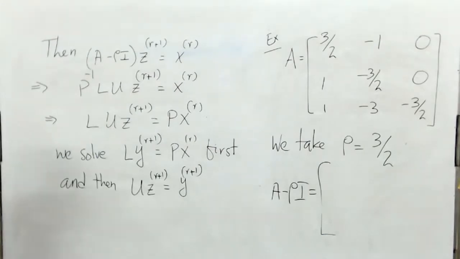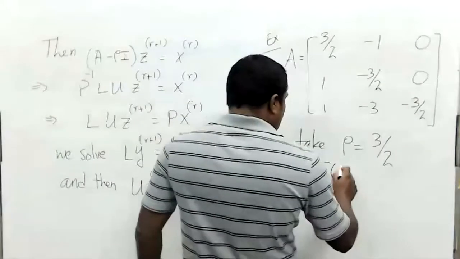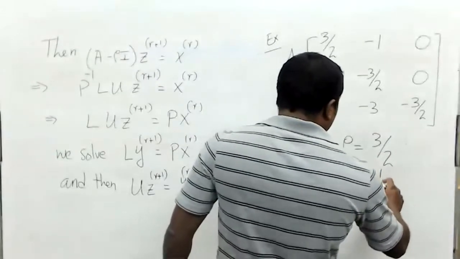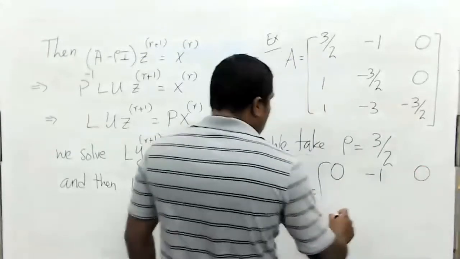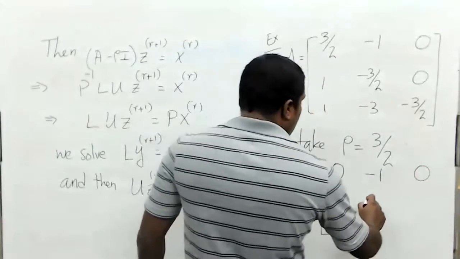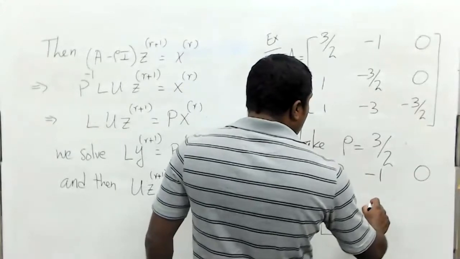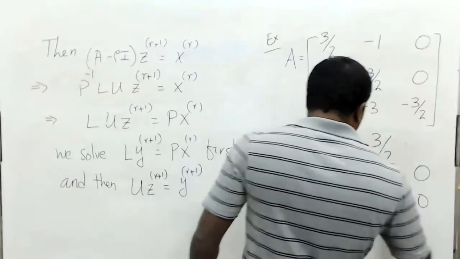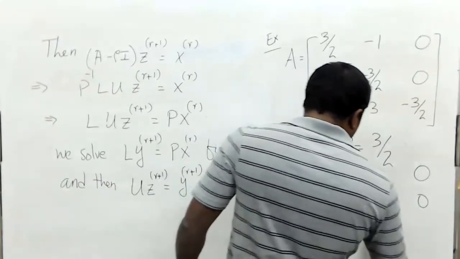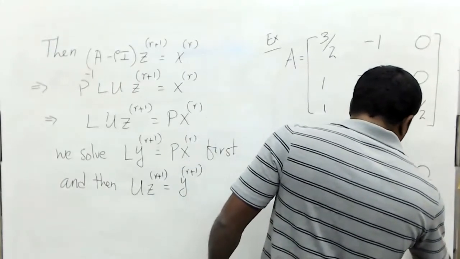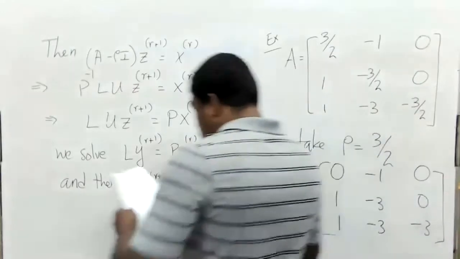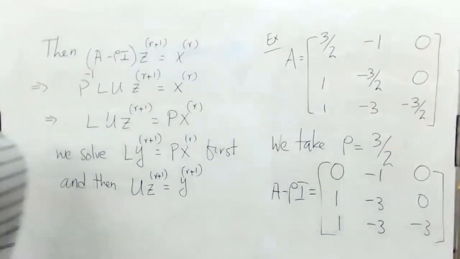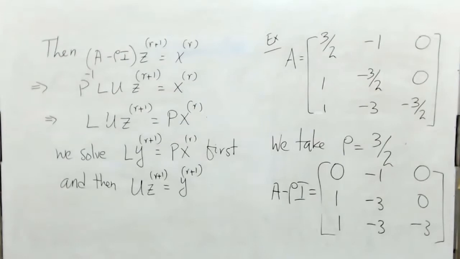So you know that you will get this: 0, minus 1, 0; 1, minus 3 over 2, minus 3 (minus 6 over 2, so it's minus 3); 0, 1, minus 3, minus 3.